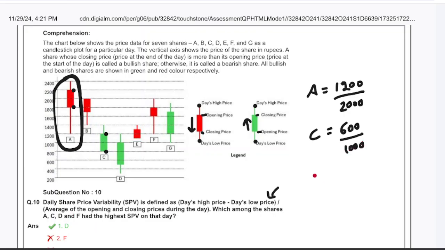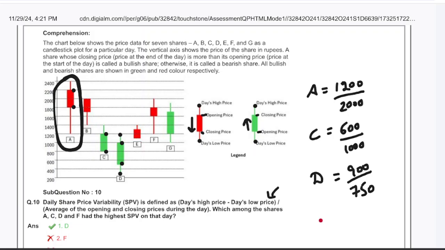Then they ask to check for D. D has difference 1200 and 300, that is 900. Divide by the average of 1000 plus 500, that is 750.